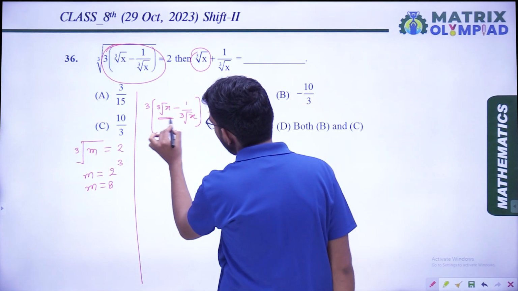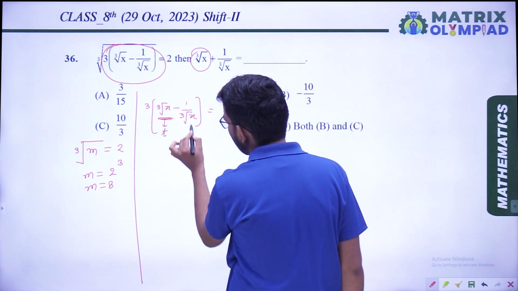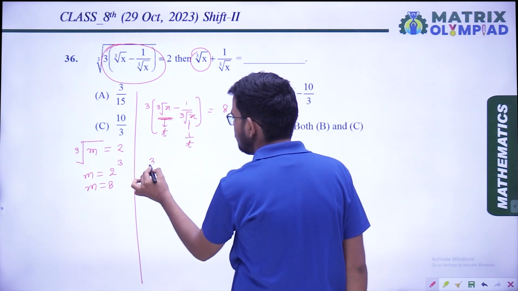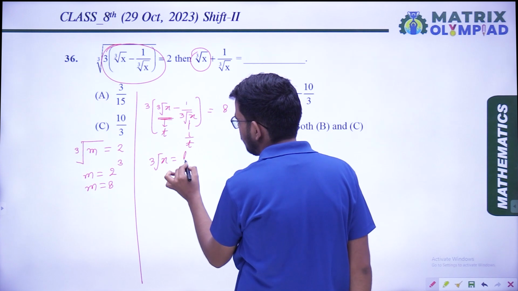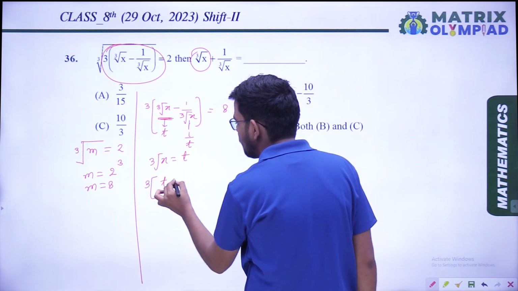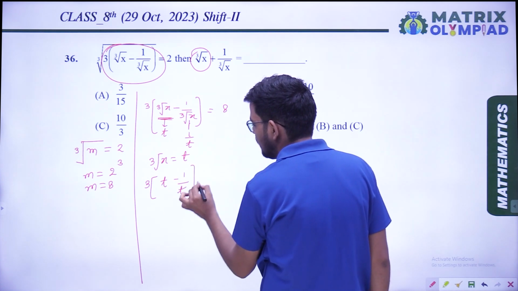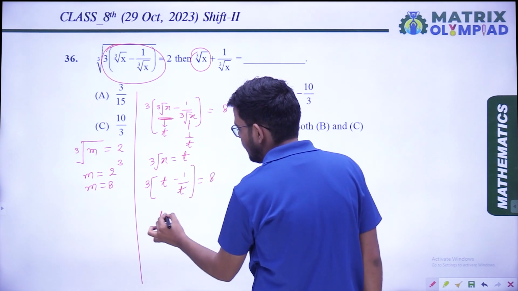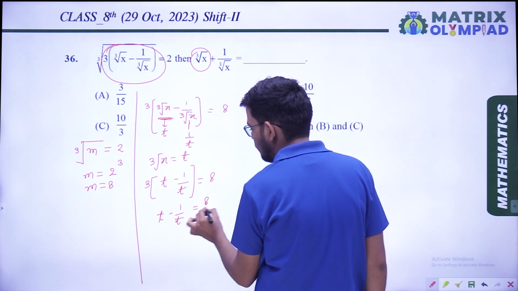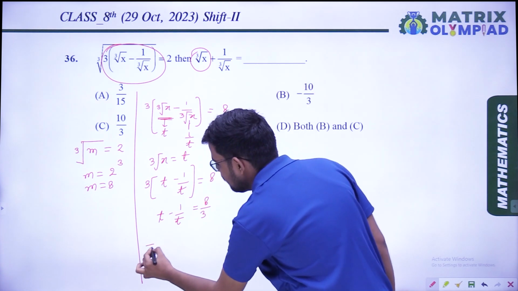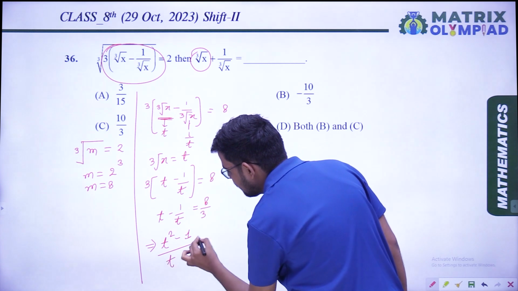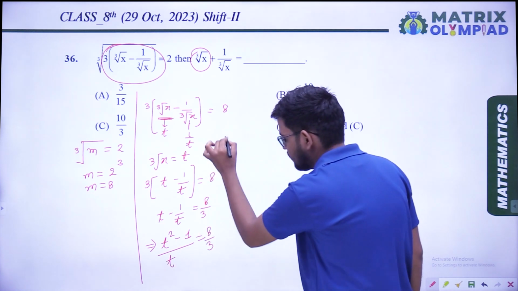So here we can assume cube root of x equals t, and then it will be 1 upon t. So that will be 3 into t minus 1 upon t equals 8. So t minus 1 upon t will be 8 upon 3. After simplification, it will be t square minus 1 upon t equals 8 upon 3.